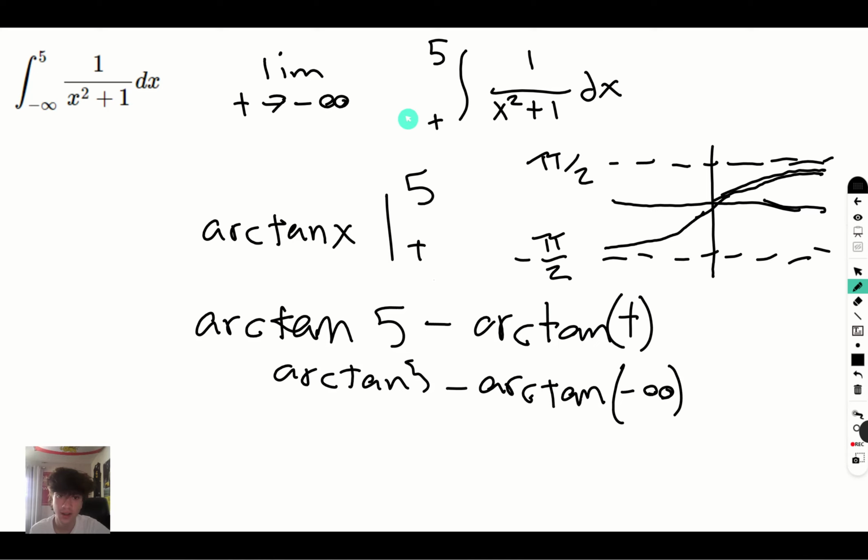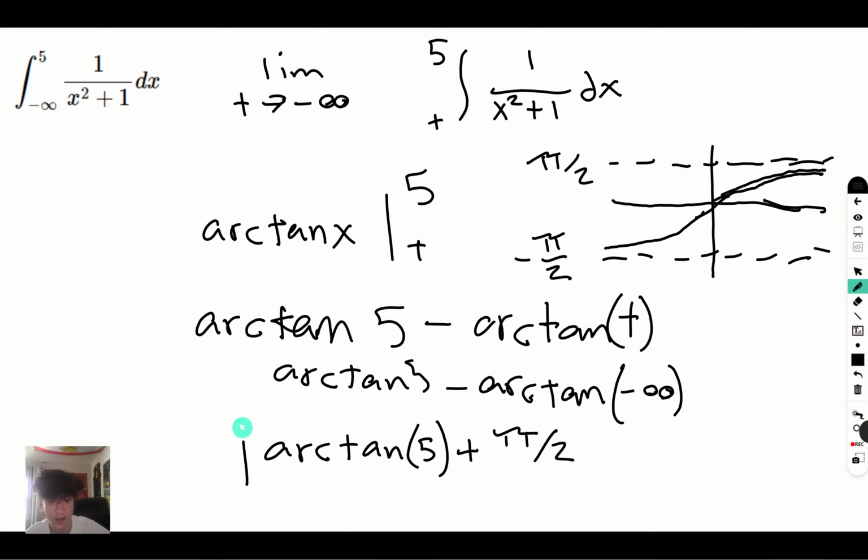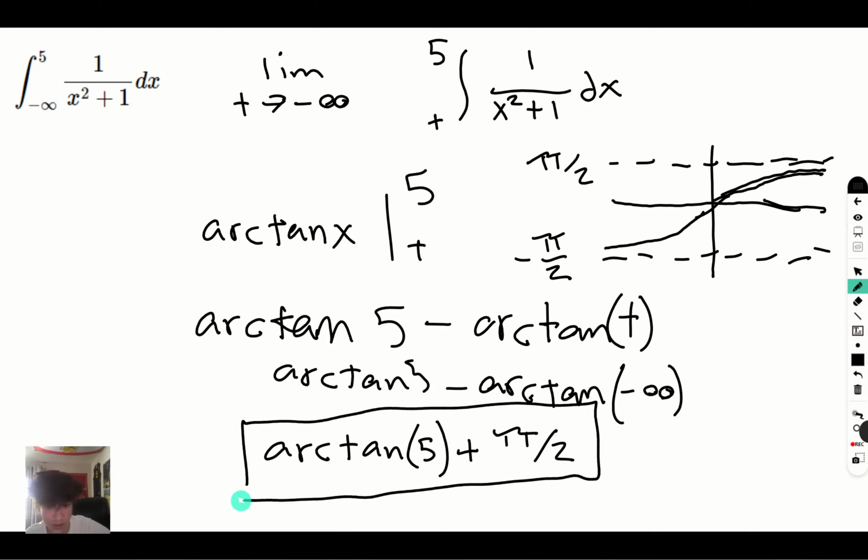So the limit of arctan as x goes to negative infinity is negative pi over 2, but the two negatives cancel out, so you get arctan of 5 plus pi over 2. There you go. So this one converges as well to this value right here.